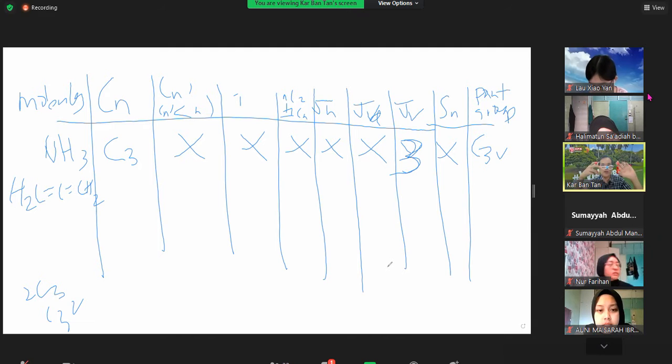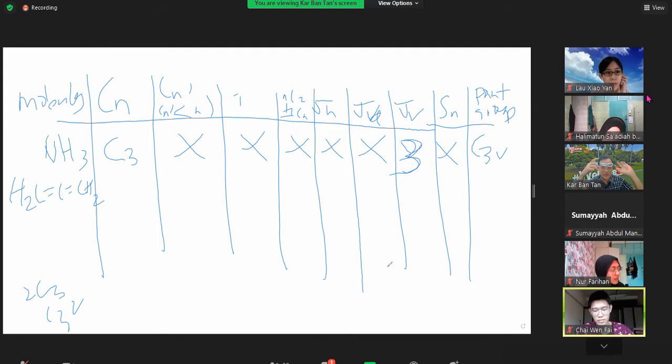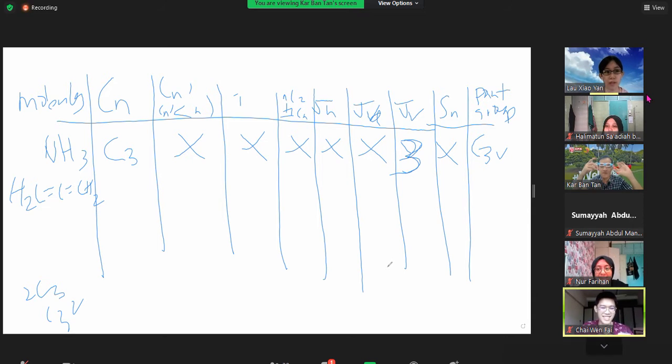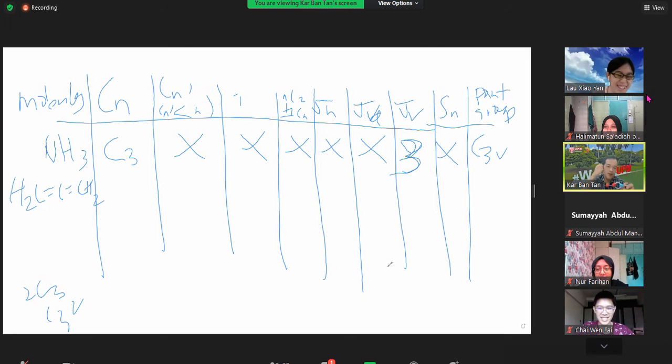Then the first question: is this structure planar or non-planar? Xiaoyan, is it planar or non-planar? I heard someone say no. Why do you say no? How confident are you? I think non-planar. Okay. Yes, it is non-planar.